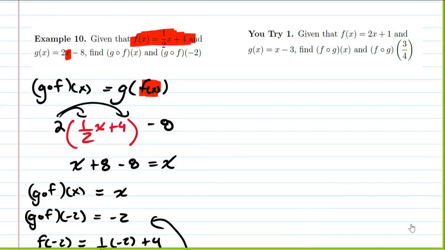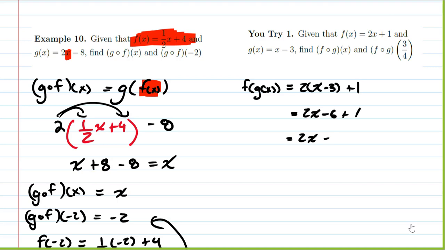All right, so to calculate f circle g, we are going to be putting g into f this time. So it's going to be 2 times x minus 3 plus 1, which gives us 2x take away 6 plus 1, so 2x take away 5.